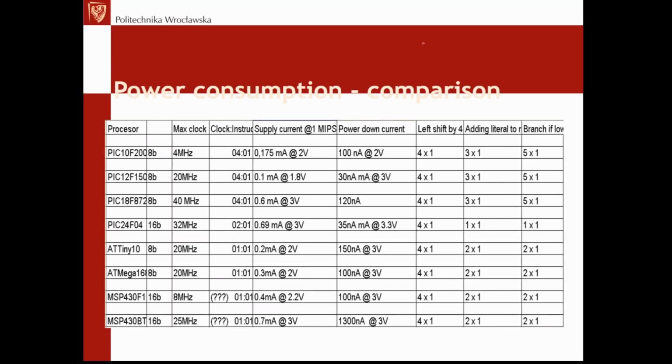I try to make just to give you an idea how unpleasant this is. Theoretically, I try to compare a few architectures.